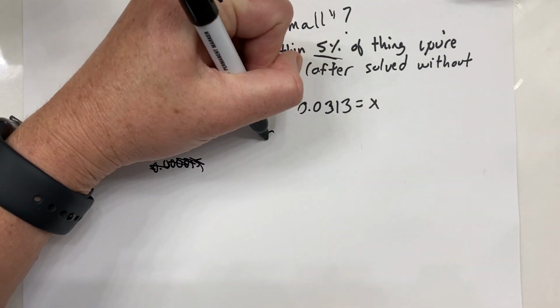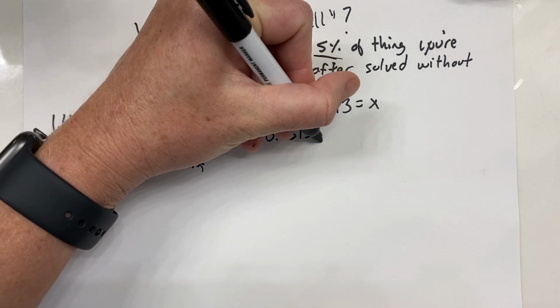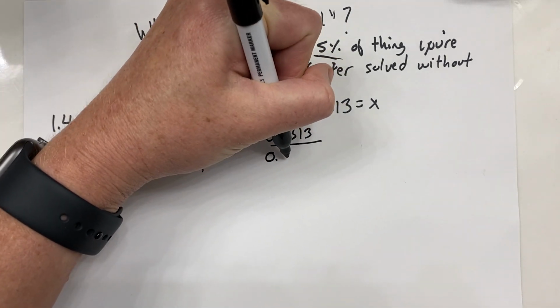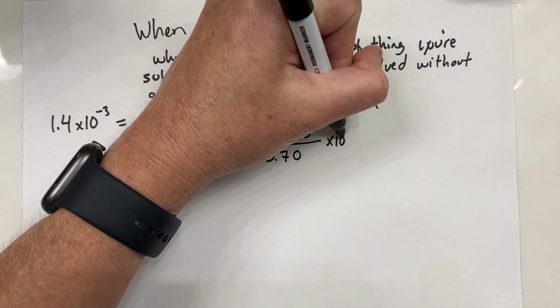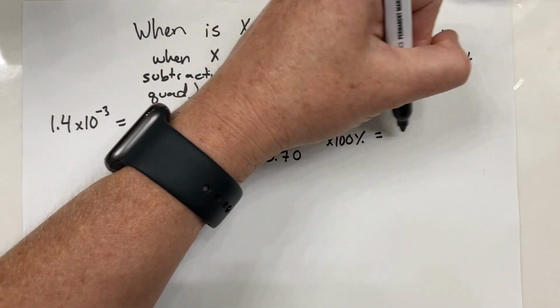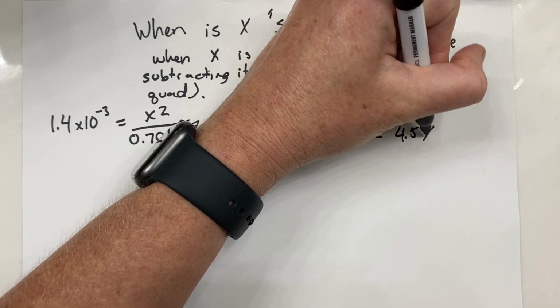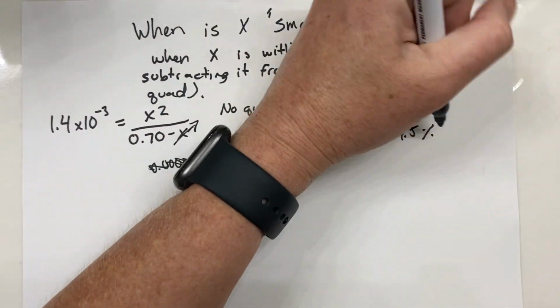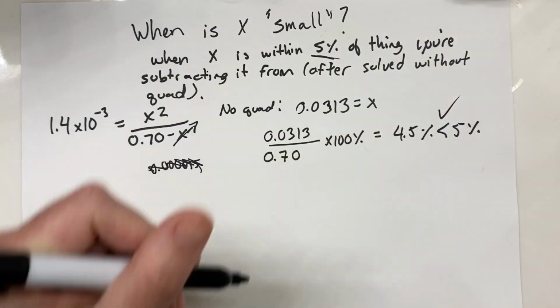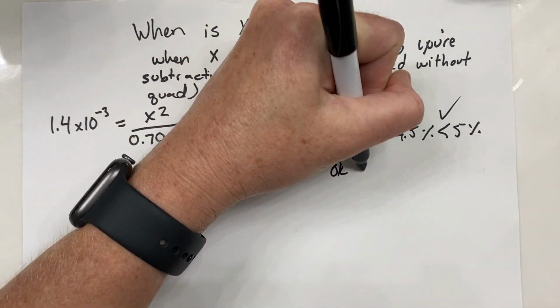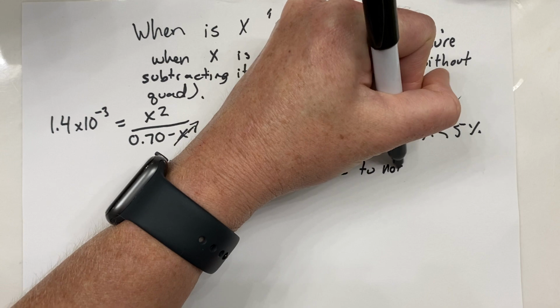So we'll go ahead and take that 0.0313 divided by 0.70 times 100%, and you find out that it equals 4.5%. 4.5% last time I checked is less than 5%. So we are good, and you're okay to not use quadratic.